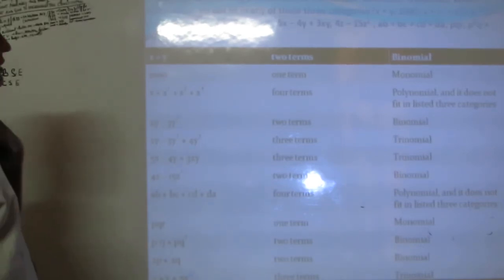Now in the next question, question number 2, classify the following polynomials as monomial, binomial, trinomial. Which polynomials do not fit in any of these three categories?